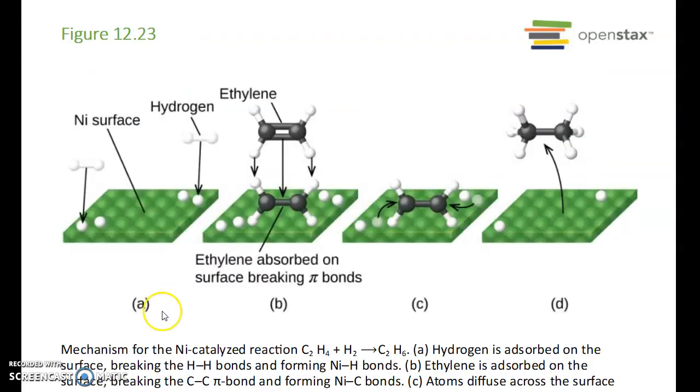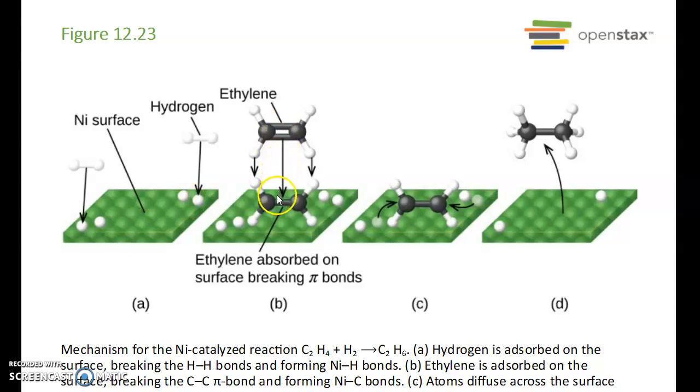So here is an example of the nickel-catalyzed reaction of ethylene plus hydrogen forming ethane. So ethene plus hydrogen forms ethane. Here you have hydrogen sitting on the surface of this nickel material.